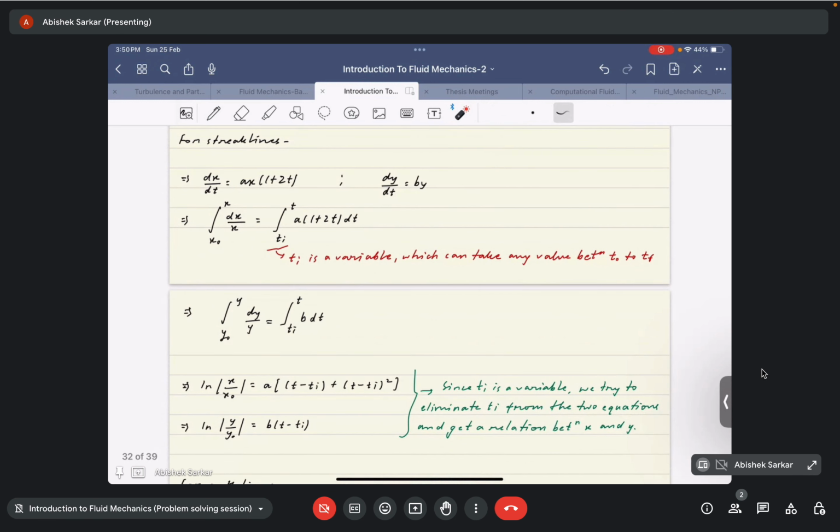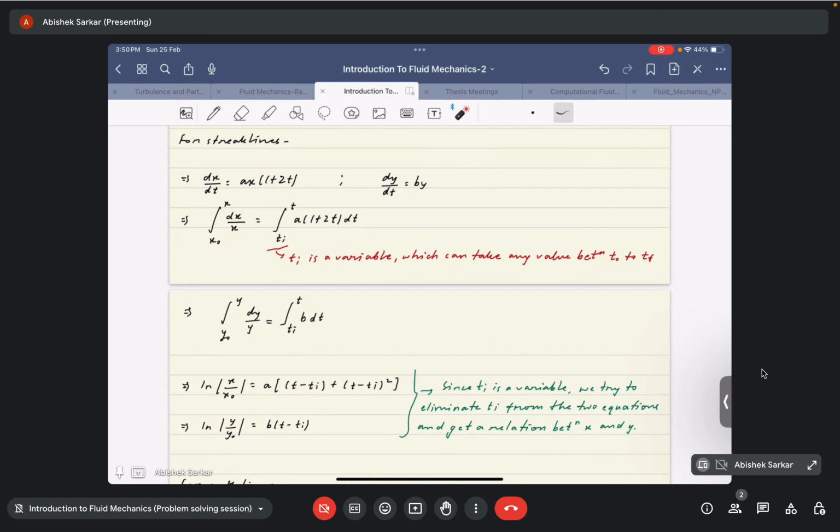So we follow similar steps. For example, for x, we use separation of variables to write the equation in this form, and then integrate from x naught to x and ti to t. The interesting thing is that in this particular equation, ti is the variable. Why?